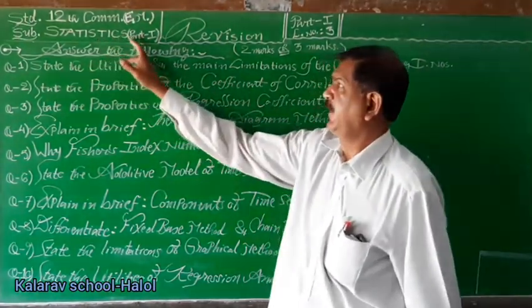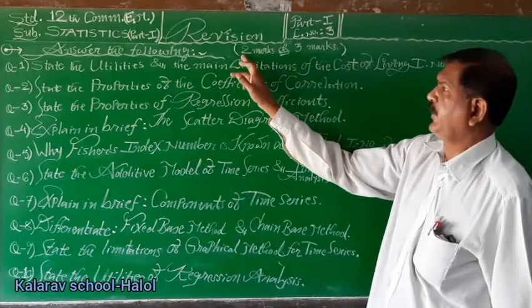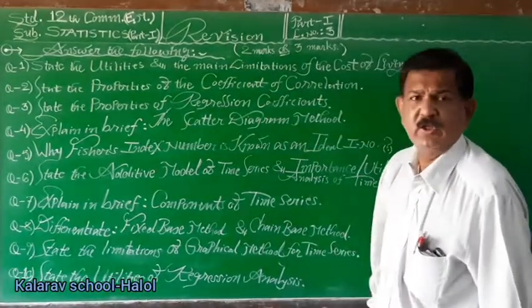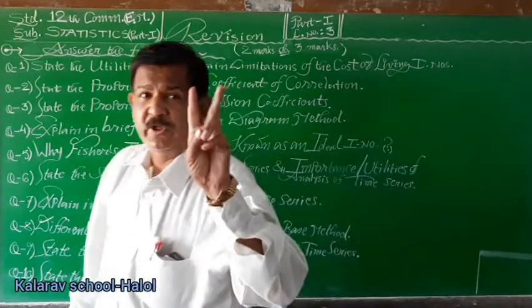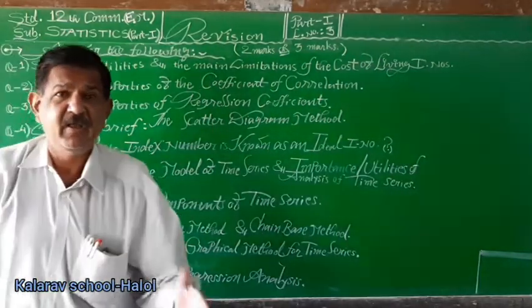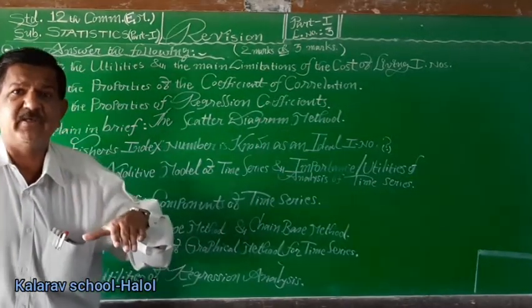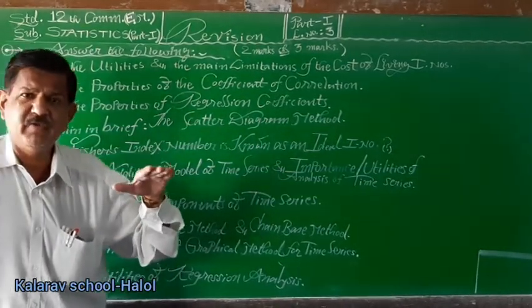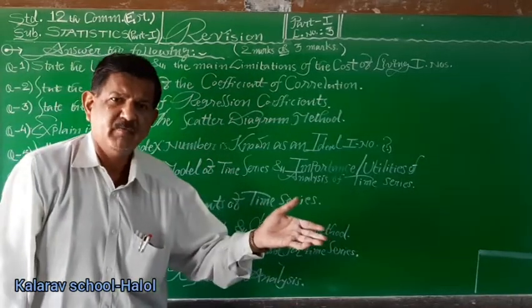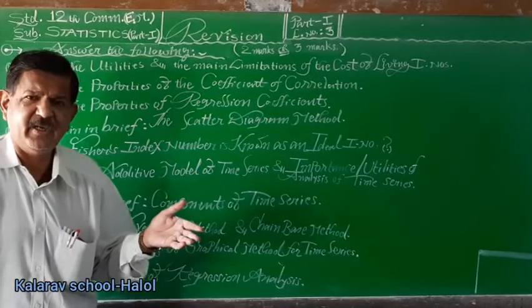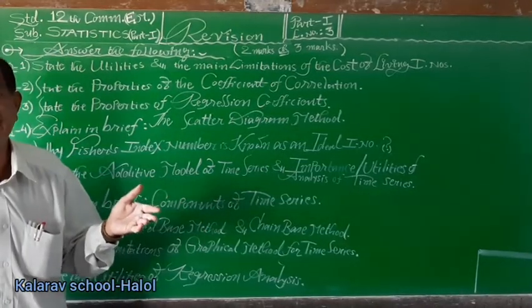See, statistics part 1, revision only. Generally asked for 2 marks or 3 marks. You must prepare all these questions. If 2 questions are asked in section C and another 2 questions are asked in section D, then it will contain a total of 10 marks. 2 questions for 2 marks means 4 marks in section C, and the other 2 questions for 3 marks in section D will contain 6 marks.